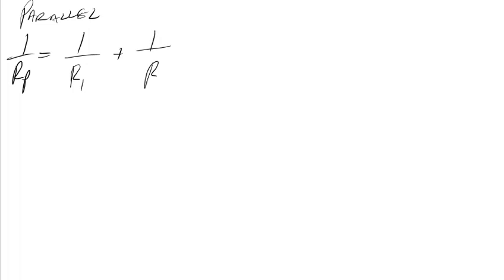So now you need to know the formula for calculating a parallel circuit. We're gonna start with parallel. For parallel, we have 1 over RP is equal to 1 over R1 plus 1 over R3.